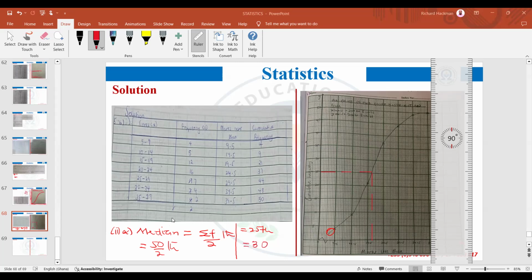That one, please, from your graph. It doesn't look like it's 30. That's the median. It doesn't look like it's 30, because it's between 19.5 and 24. That's why I said it's an estimated value. So from my graph, that's how I had it.